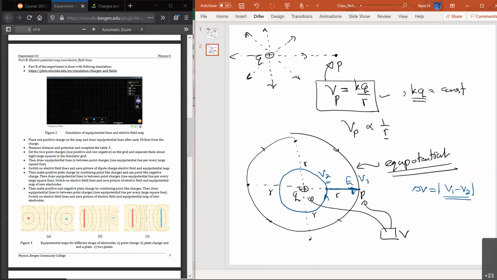If I know the potential difference and the separation delta R between the equipotential lines, I can use that information to find the electric field between them.